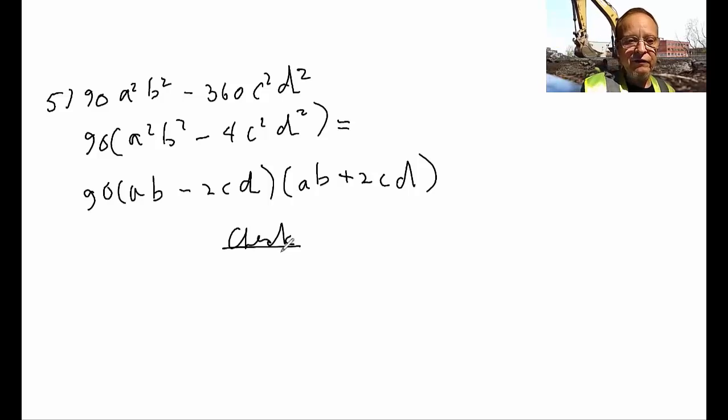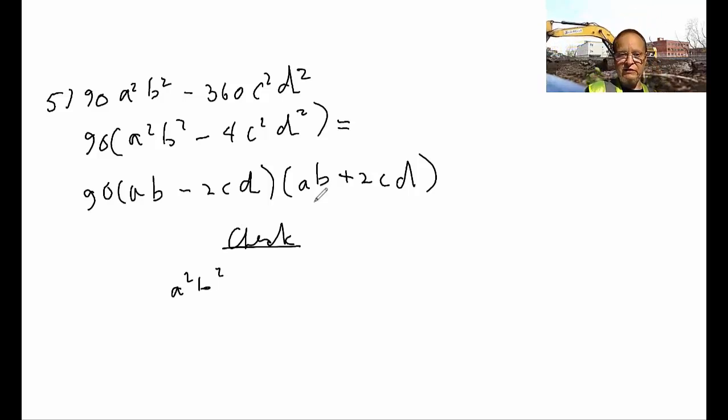If I do my FOIL there, I'll get a squared b squared, and remember the two middle terms will cancel out.